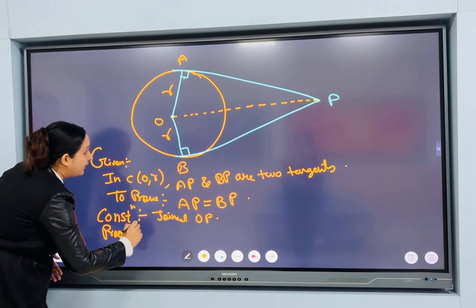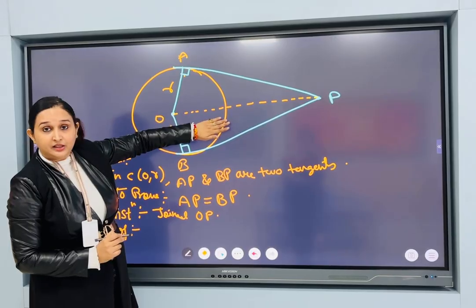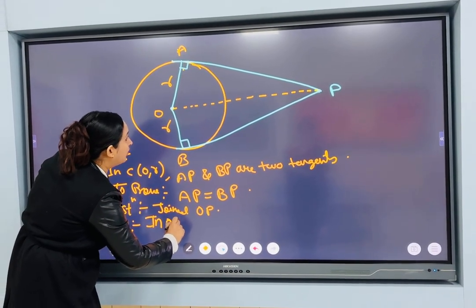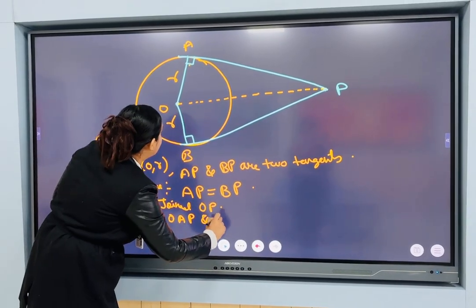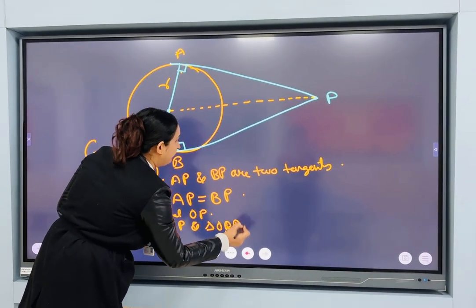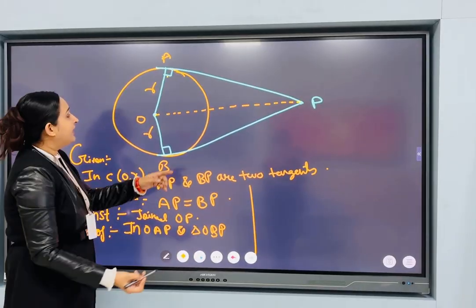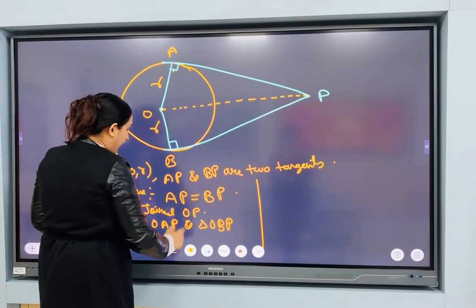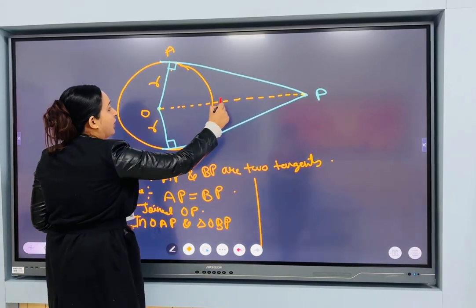Proof. So in this triangle and this triangle, which triangle am I talking about? In triangle OAP and triangle OBP, what can you say? Can I say this OP is common in both? So in both the triangles, we do have this OP.